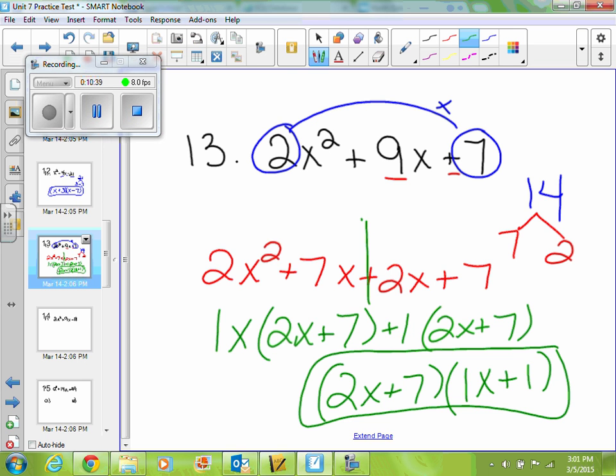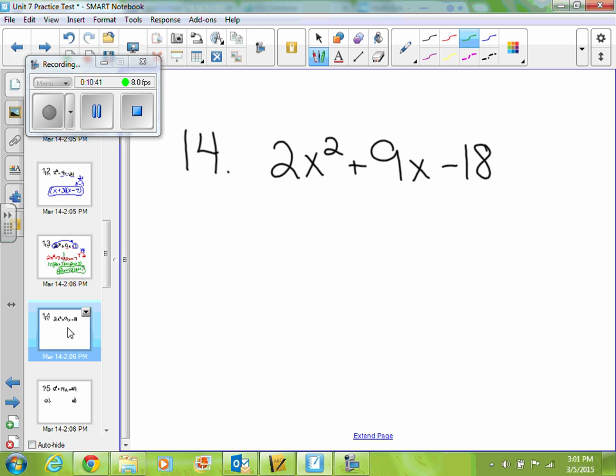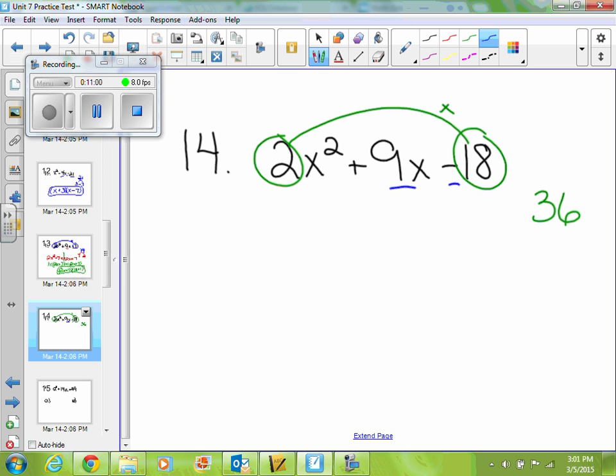Okay. And if we look at 14, 2x squared plus 9x minus 18. Do I have a leading coefficient? Okay, so what do I need to do first? Okay. So 2 times 18 is 36. So factors of 36 to subtract 9. 3 and 12, okay. 3 minus 12 gives me negative 9.